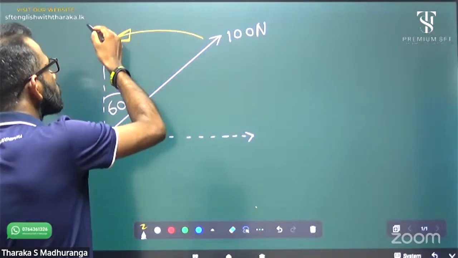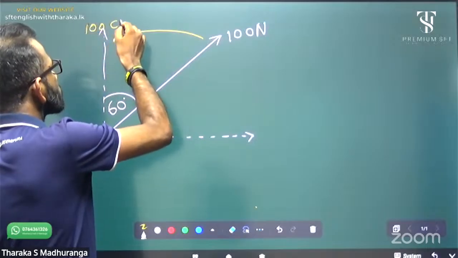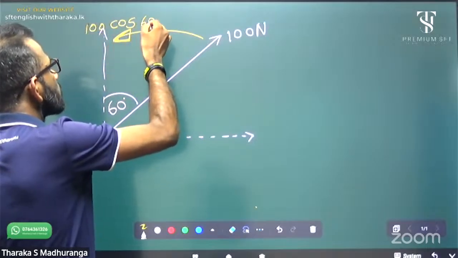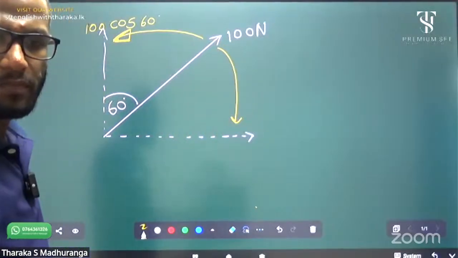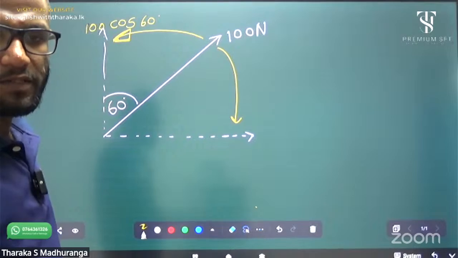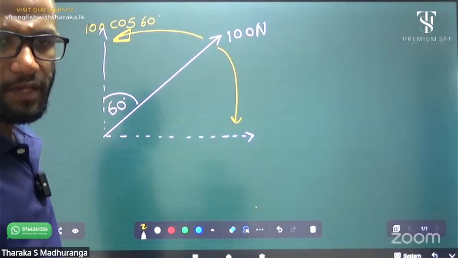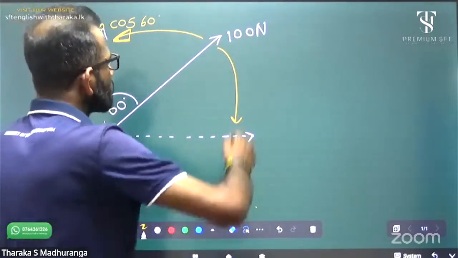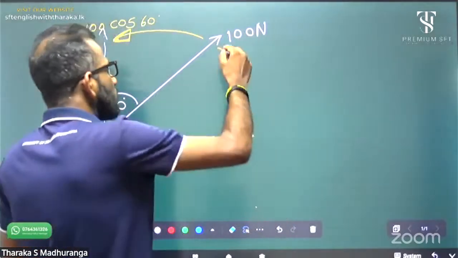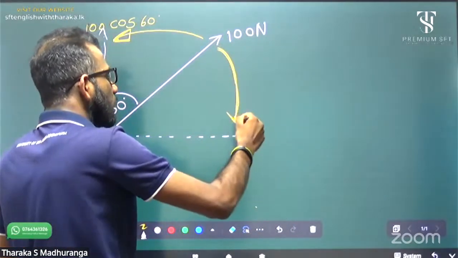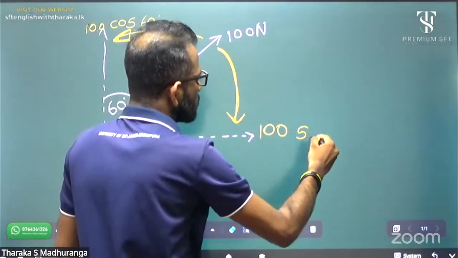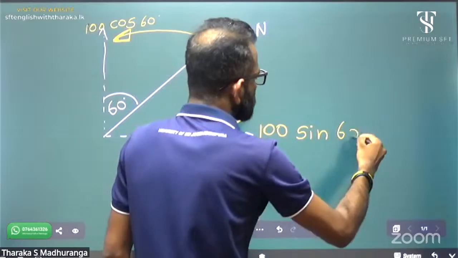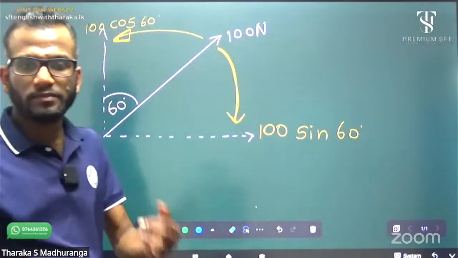Then 100 cos 60. If it is the opposite direction, the direction without the angle, what is the ratio? It is sine. That we call 100 sine 60, 100 sine theta.